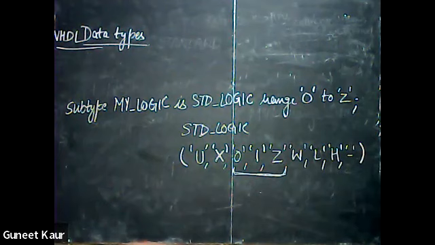Actually, a subtype contains a set of values which represents only a subset of the values of a base type, and the condition that determines which values are in the subtype is called the constraint. I have already written in the syntax that it is a range constraint.